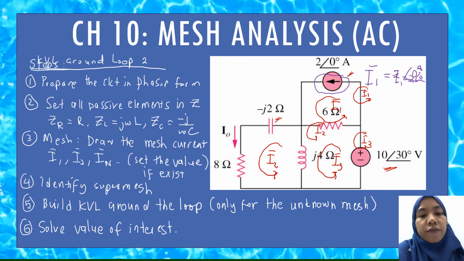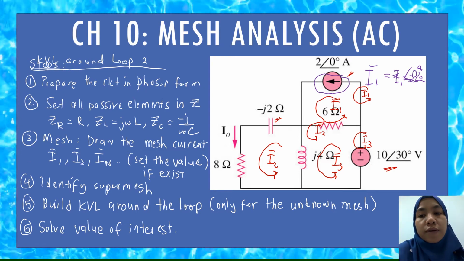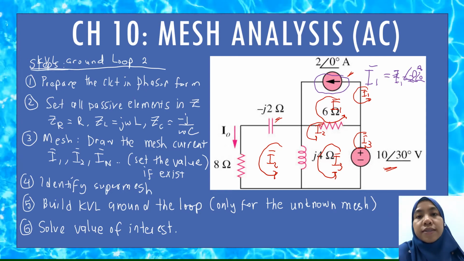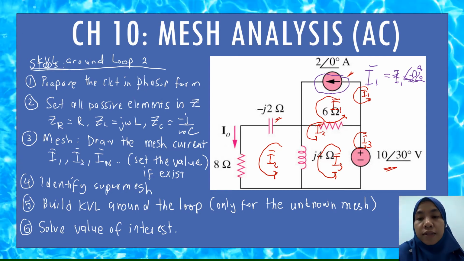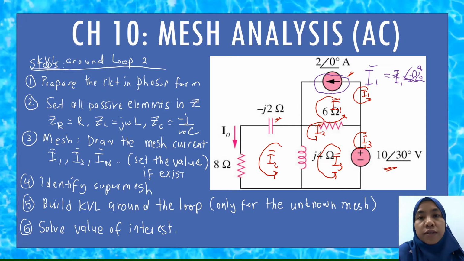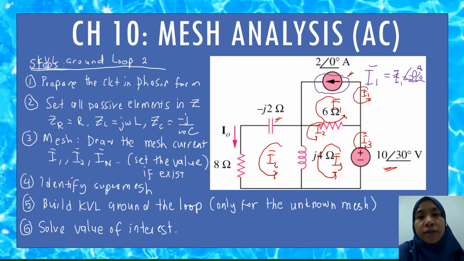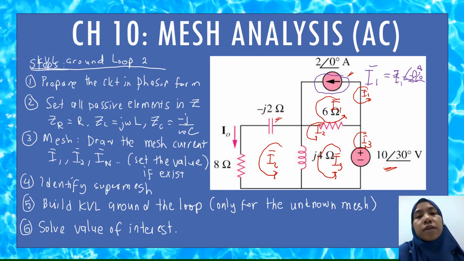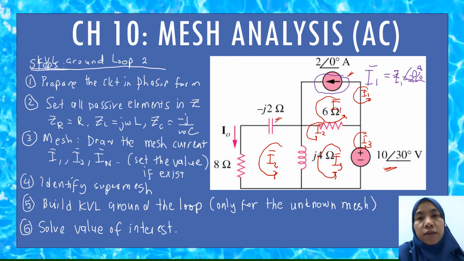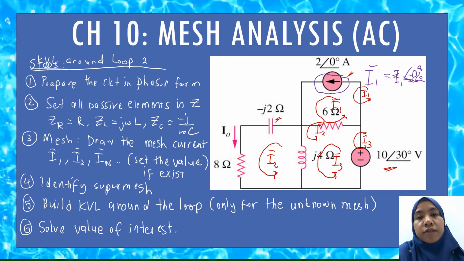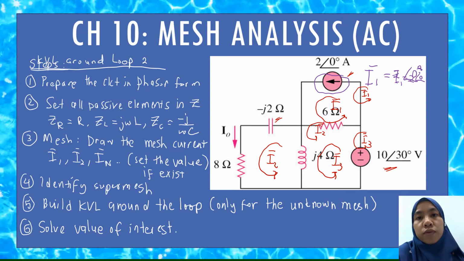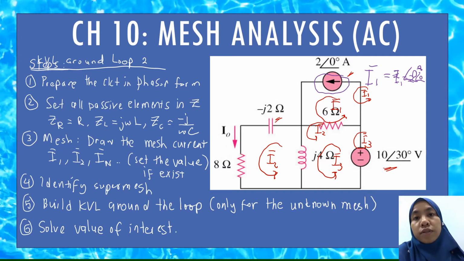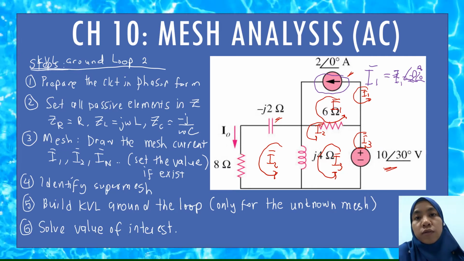What is step number 4? You need to identify whether there is any supermesh in the circuit. What is a supermesh? A supermesh is when you have a current source in between two loops. This current source can be an independent source or dependent source. As long as it is in between two closed loops, you need to draw the boundary around these outer loops.